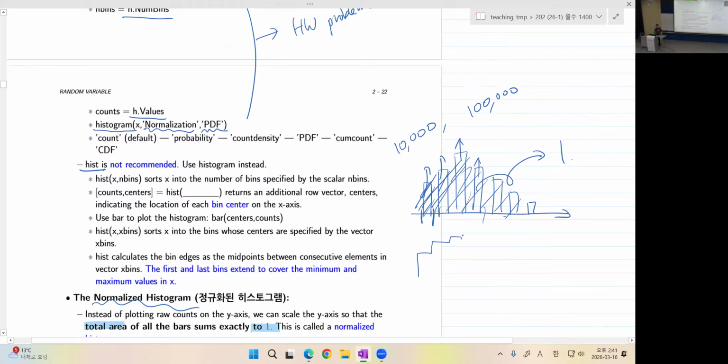We don't love that. So as we increase the number of samples, we also reduce the biggest size of the bins. In that case, we may have something very smooth for this bell curve, right? And that is exactly the idea of the probability density function.